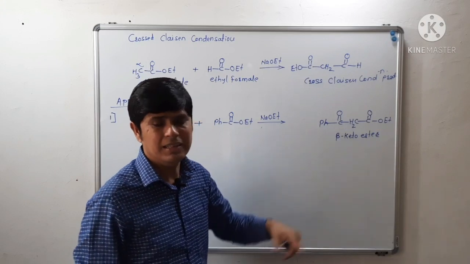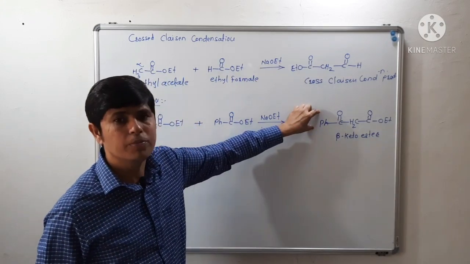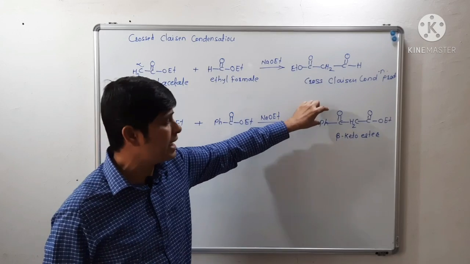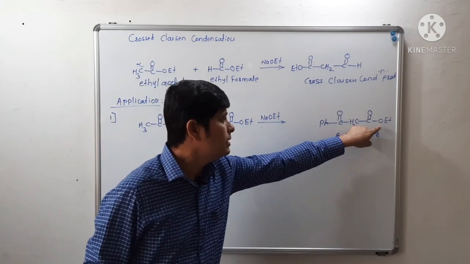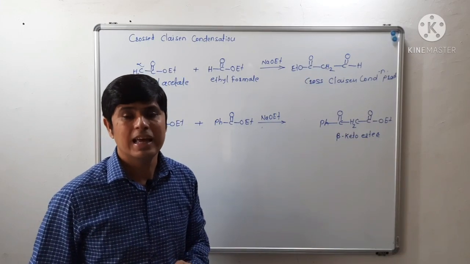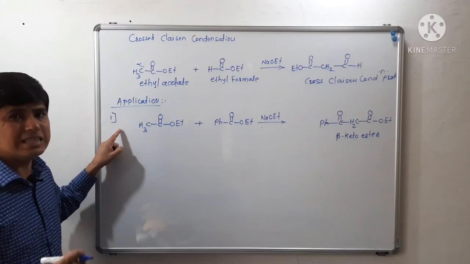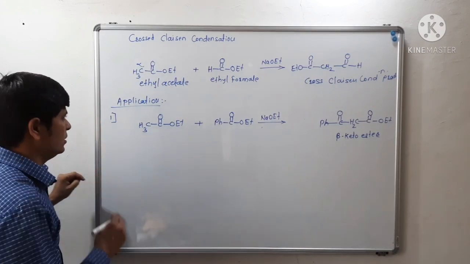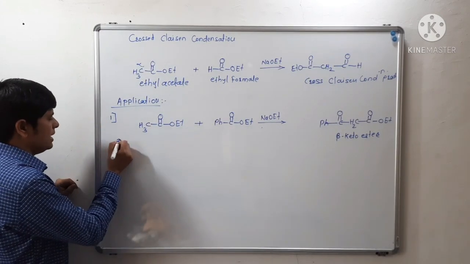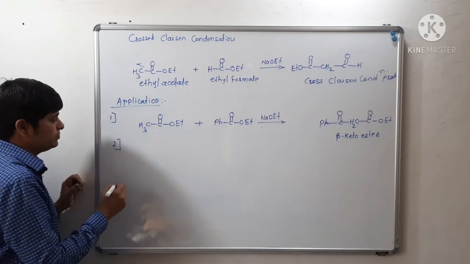On this phenyl ring we can have various types of substituents. So this is a useful beta keto ester. We can synthesize ethyl benzoyl acetate, such type of compounds, by the cross-Claisen condensation reaction.